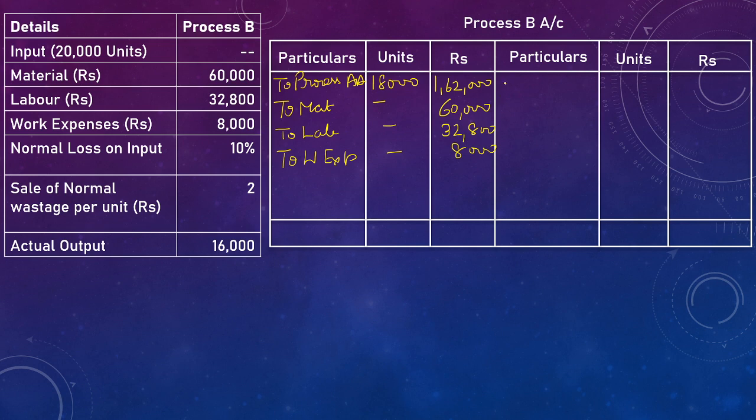Now first we write on the credit side by normal loss, and the normal loss units are 10% of input. Our input here is 18,000 units, and 10% of this is normal loss, so our normal loss units are 1,800, which are sold out in the market at a price of rupees 2 per unit.